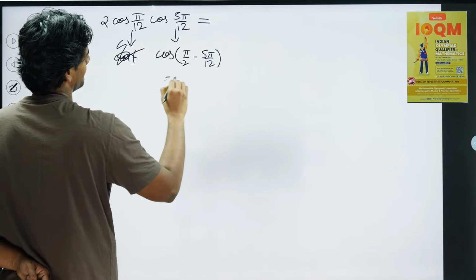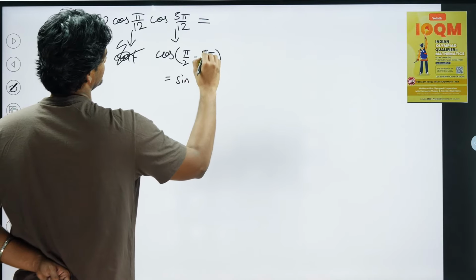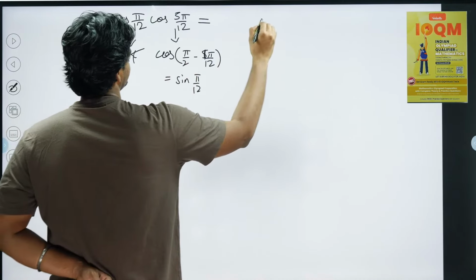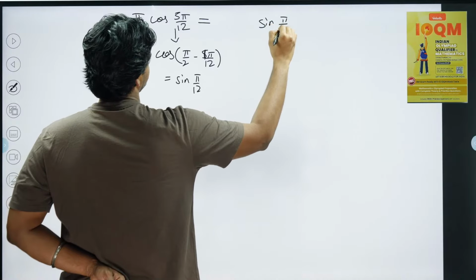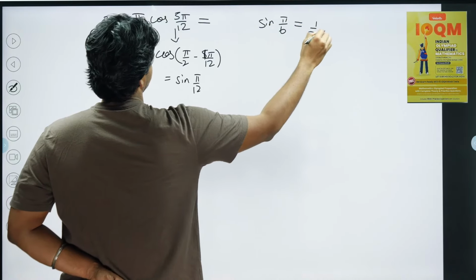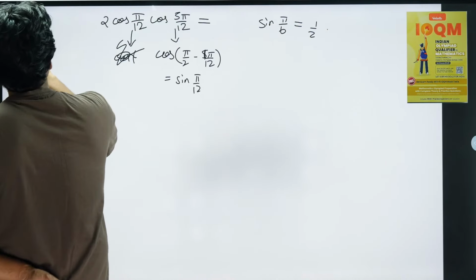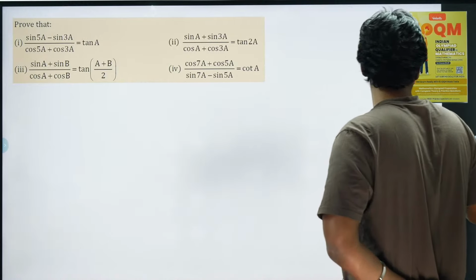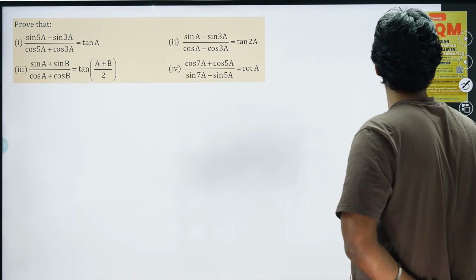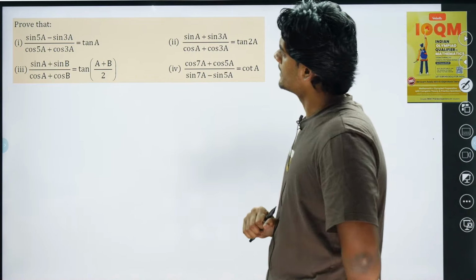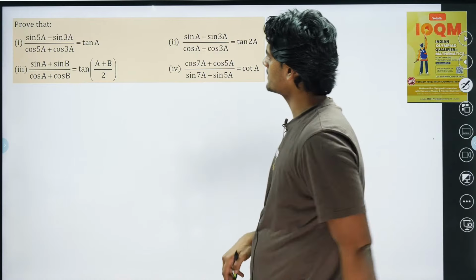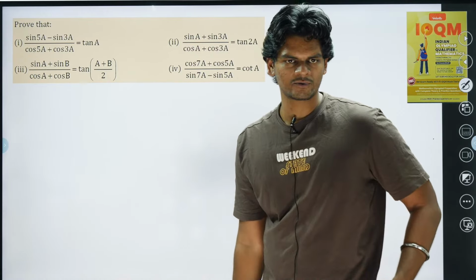This is sine pi by 12, so this happens to be again sine pi by 6. That's amazing. I won't probably solve all of them, but maybe I'll solve 1 or 2 among these.